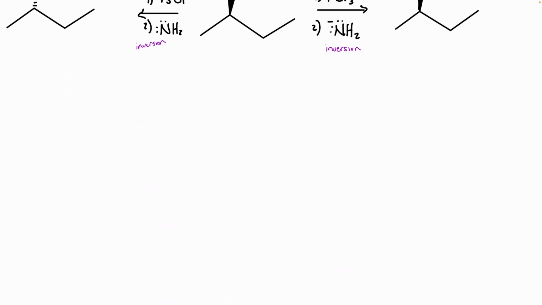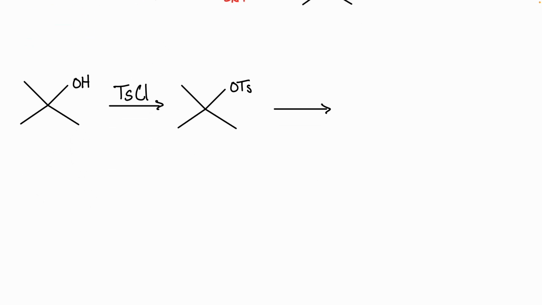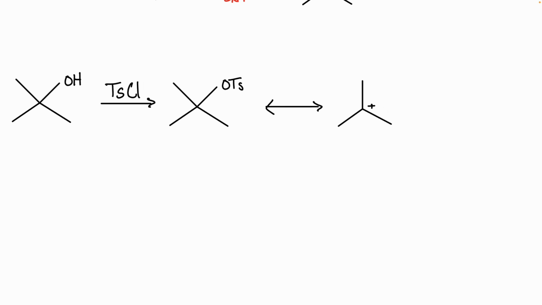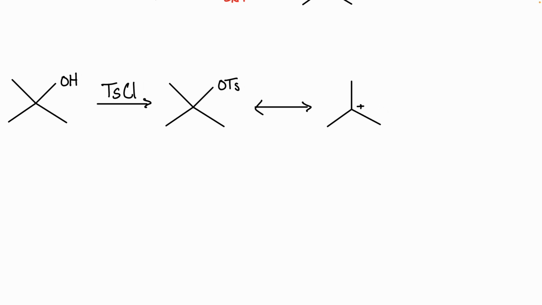All right, so this tosyl group is going to fall apart here and form our carbocation. Really, it's in equilibrium. All right.